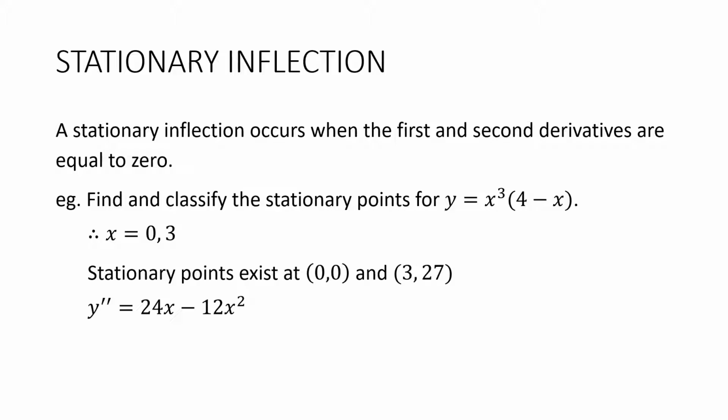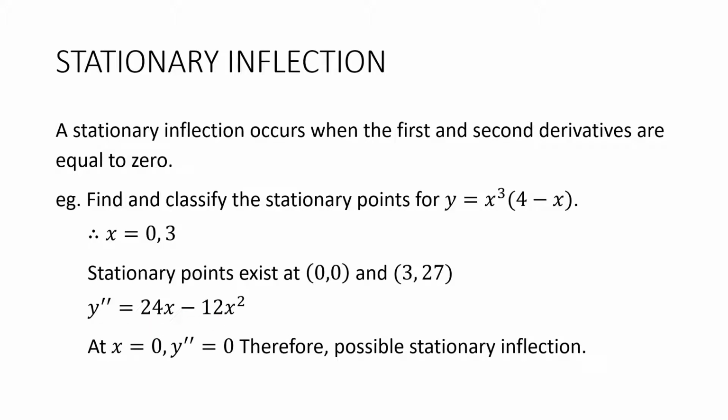Substitute in x equals 0. So when I put 0 in here, I'm going to get our second derivative is equal to 0. And have a look what I'm writing here. At x equals 0, the second derivative equals 0, and therefore it is a possible stationary inflection. Remember, a stationary inflection has to have both derivatives equal to 0, and this does have it.